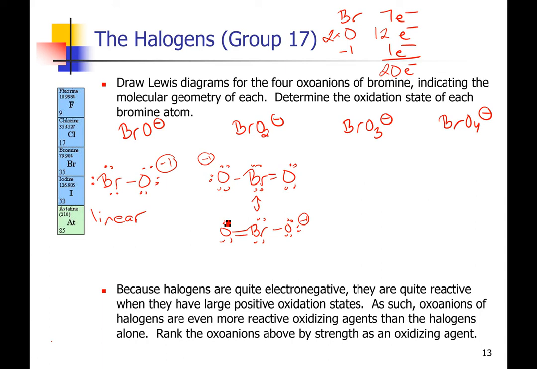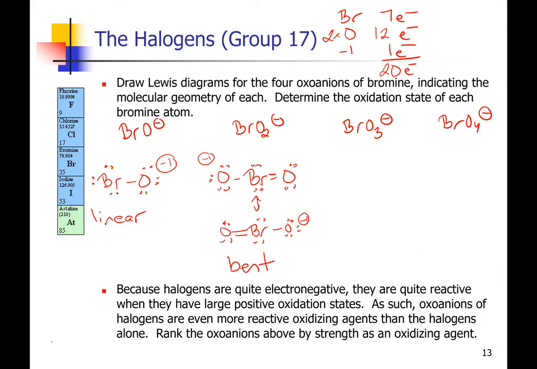And whether you left your Lewis diagram obeying the octet rule with the higher formal charge, or whether you minimized formal charge to get one of these two diagrams, you will still obtain the same geometry. It's the tetrahedral electron group geometry, and specifically, we are looking at a molecule that is bent. 2 lone pairs, 2 bonds is bent.